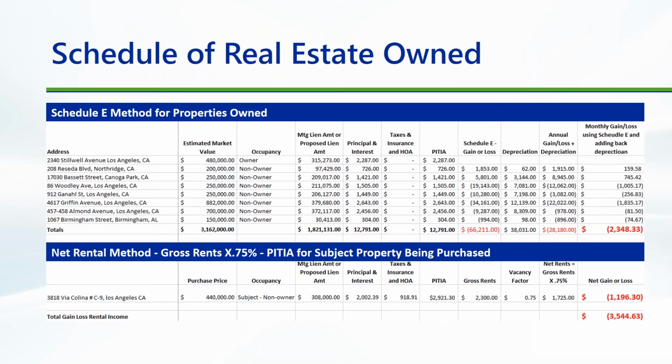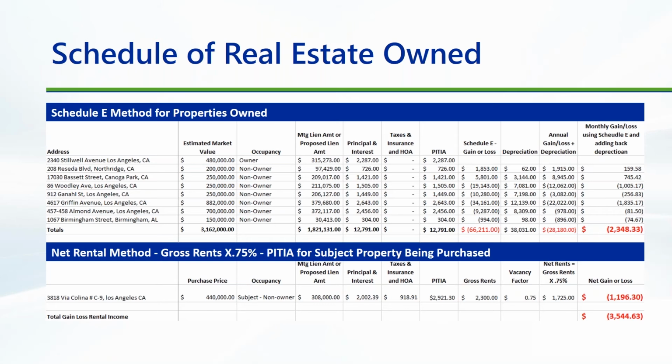Right next to that, there's depreciation. We add that to the Schedule E gain or loss, and after you add those two together, the total is $28,000. Finally, the far right-hand column shows that divided by 12, giving you a monthly loss of $2,348.